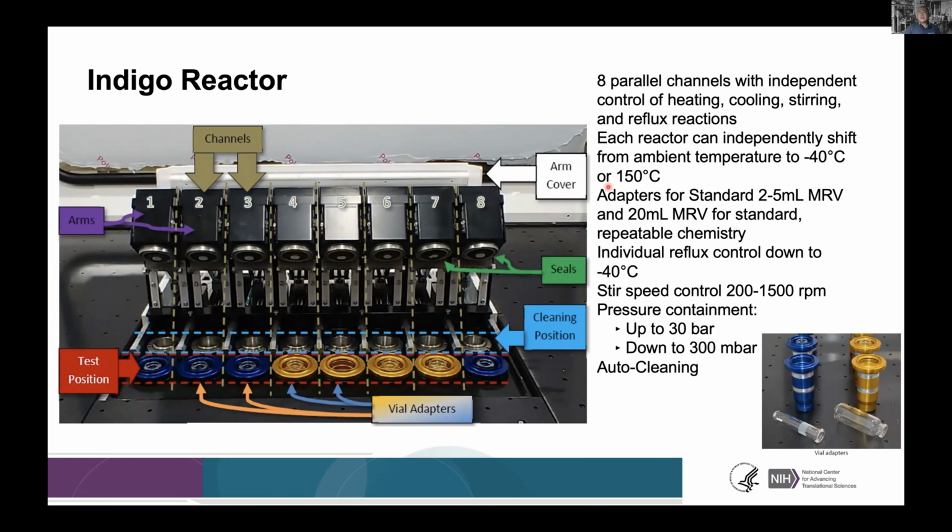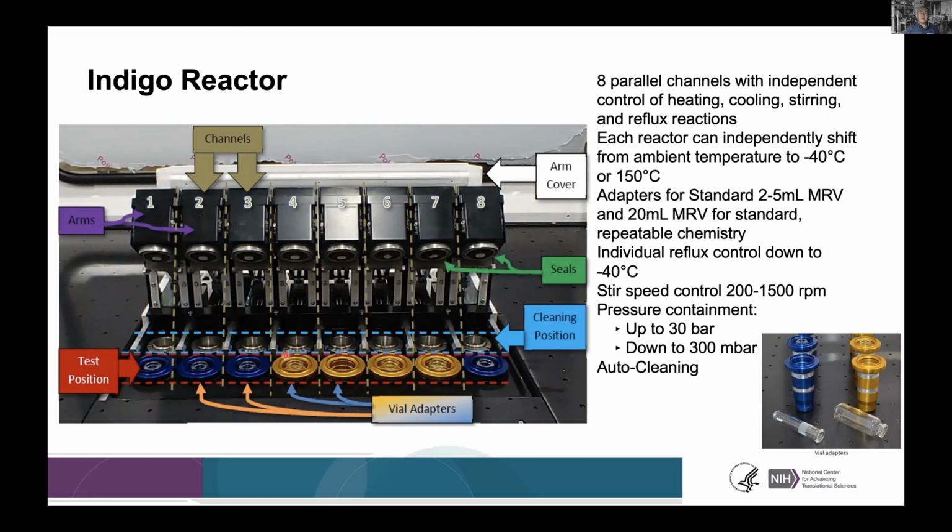Other functions include reflux down to -40 degrees. We can heat and cool the reactor from -40 degrees up to 150 degrees. We can also control the stirring speed for each individual line of the reactor, and the pressurization for each one of the Indigo reactors.